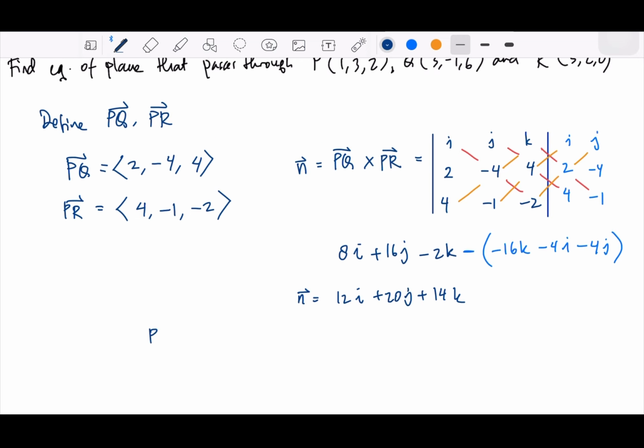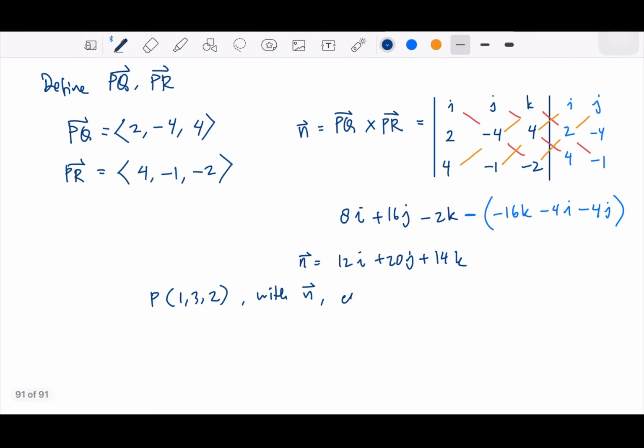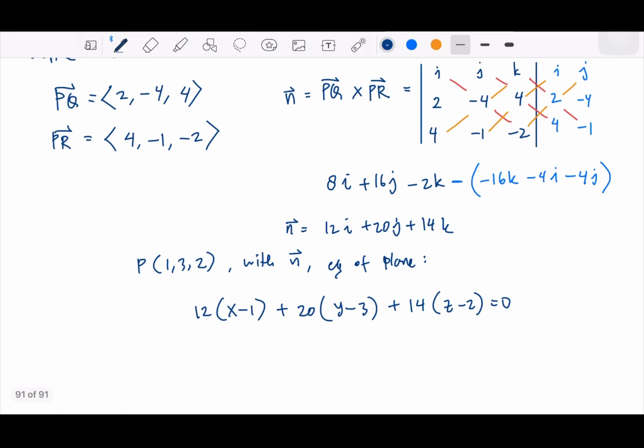Okay, when P is this point with normal vector n, then the equation of the plane will be 12(x minus 1) plus 20(y minus 3) plus 14(z minus 2). We can divide by 2, I think: 6, 10, 7.